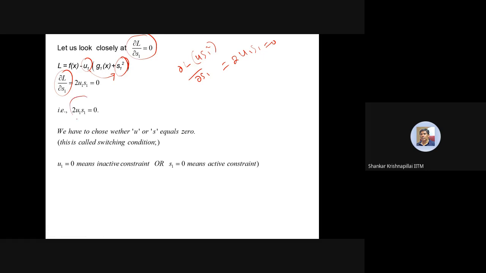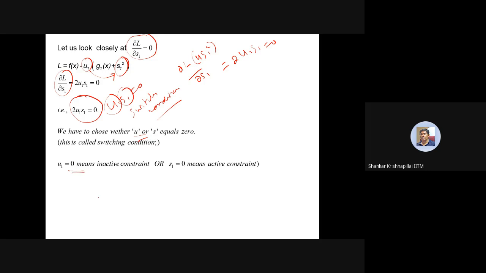This is called the switching condition: u1 s1 equal to 0. It means that either u1 equal to 0 or s1 equal to 0. So we have to choose either u1 or s1 equal to 0.